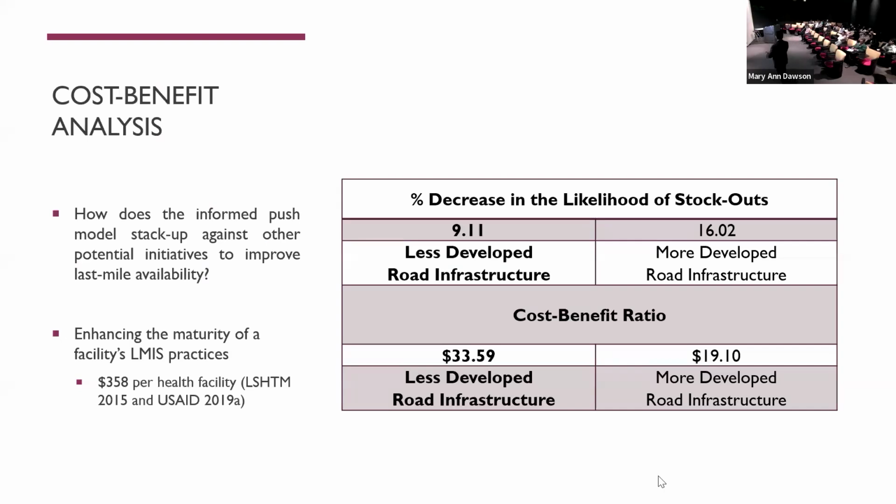That is something that we compare. Again, for this, we had to collect data on the cost. Based on these sources, we estimated it's going to cost about $358 to just improve LMIS practices at health facilities. So you're not changing the distribution strategy, you're simply enhancing the LMIS practices. Based on that, we can calculate the cost-benefit ratios.